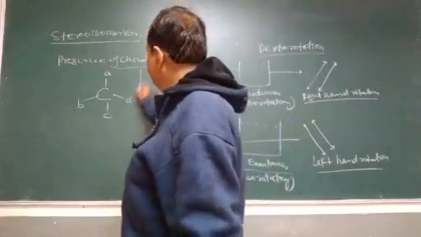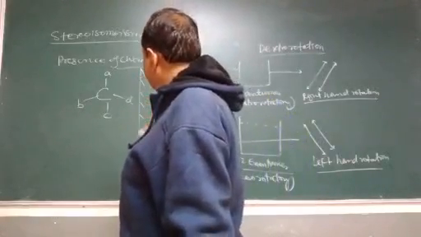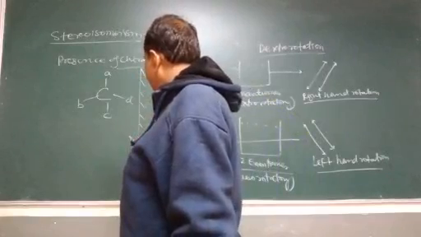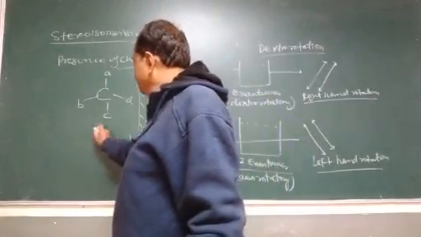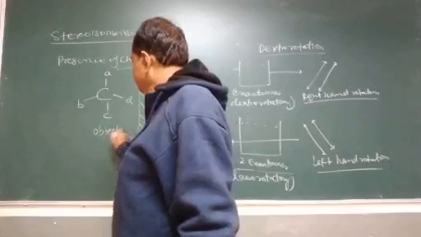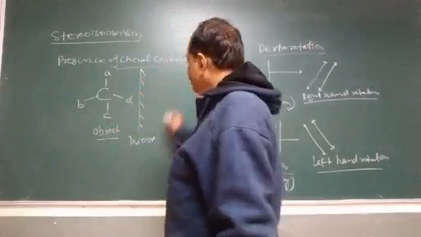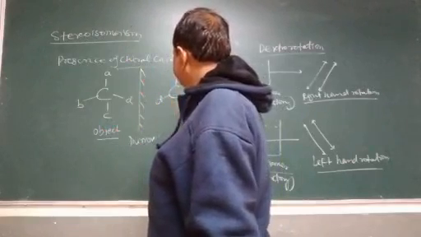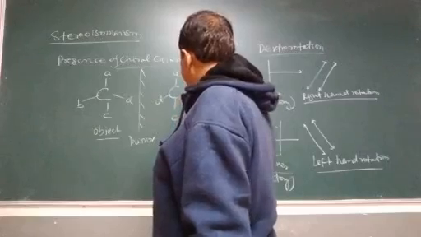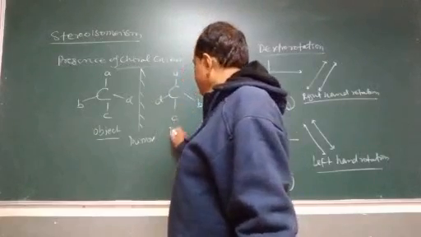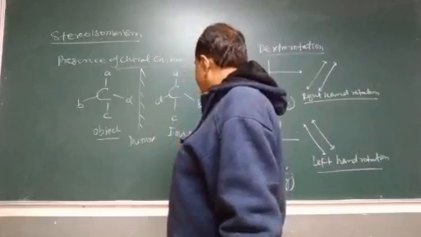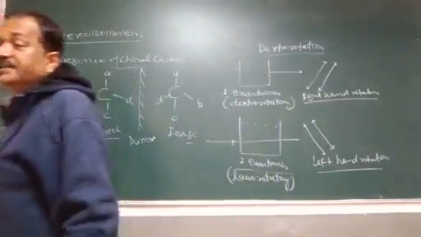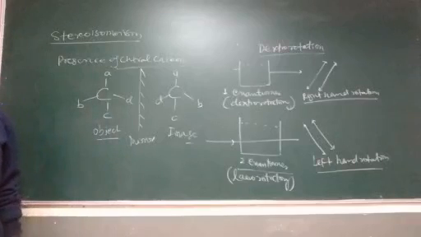How can we identify it? If we take a mirror, and let this be the object, there is formation of an image. Now the object and image cannot be superimposed on each other.